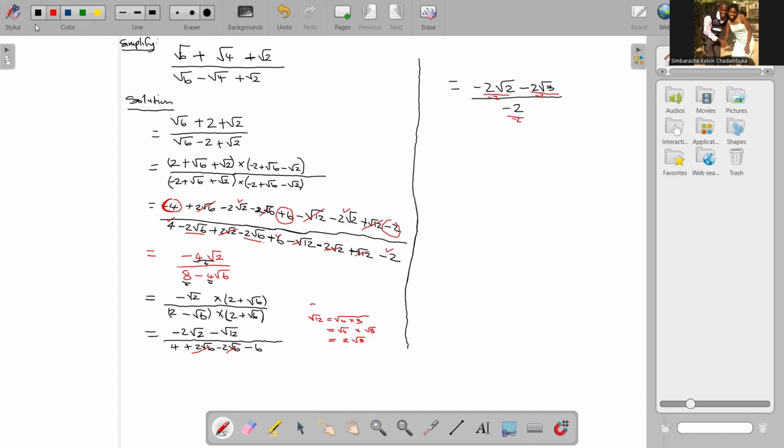Therefore our final answer is going to be negative 2 divided by negative 2, so there we are going to be left with root 2. Then here, negative 2 divided by negative 2 is going to be positive, so it's going to be positive root 3 all over negative 2 divided by negative 2 is going to be 1. So our final answer will be equal to root 2 plus root 3.